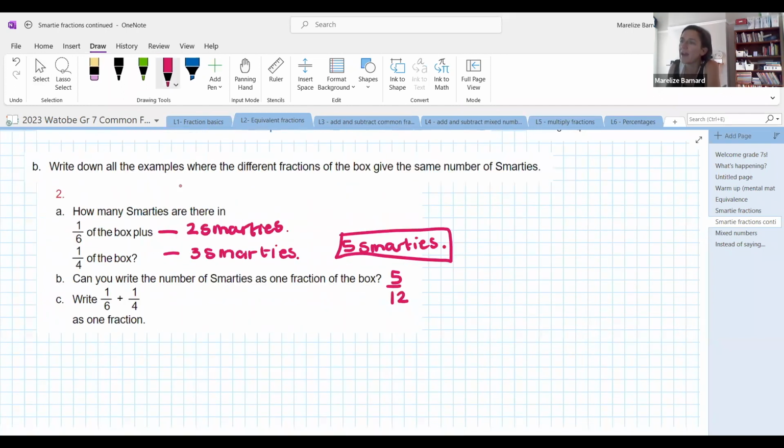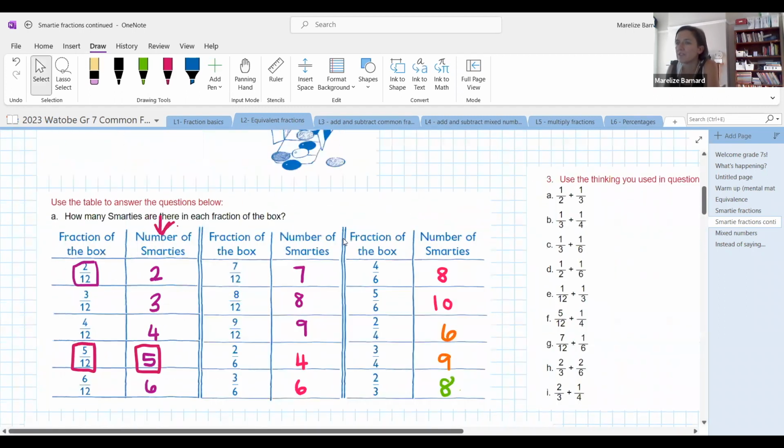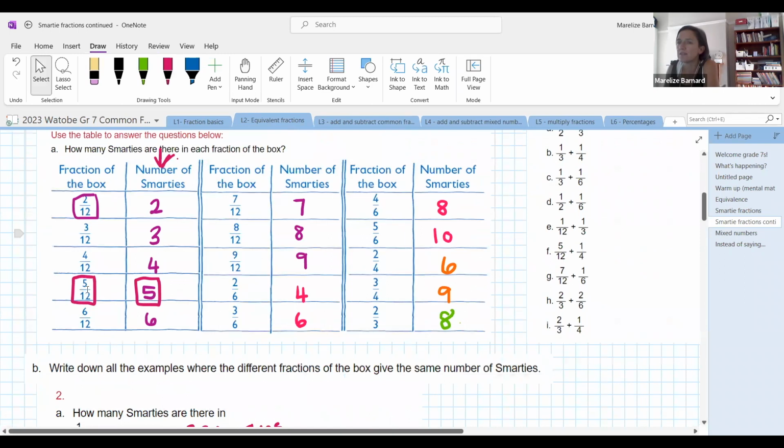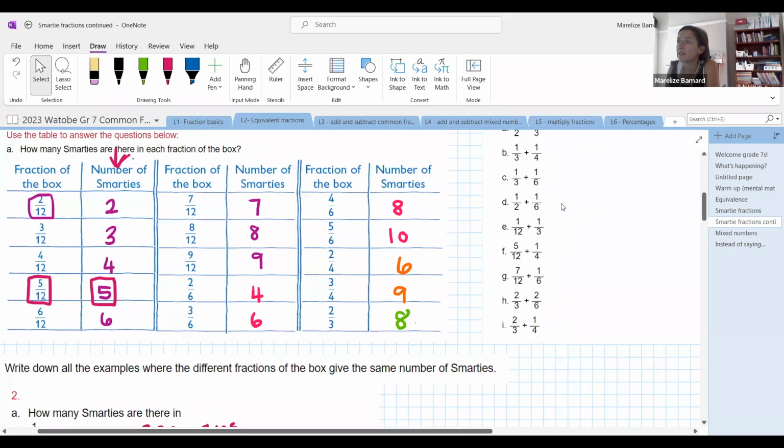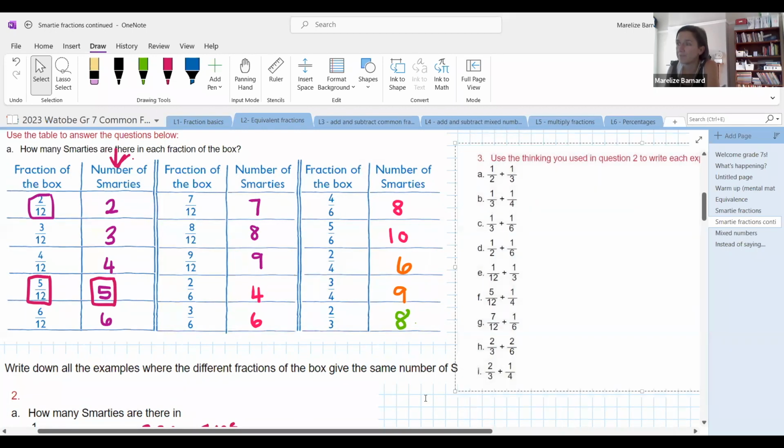So if we had to write 1/6 plus 1/4, we actually get 5/12 because that's 5 Smarties. So 1/6 plus 1/4 is actually 5/12. Okay, because we saw 5 Smarties is the same as 5/12. So now we're going to use that same thinking to do all of these sums over here.